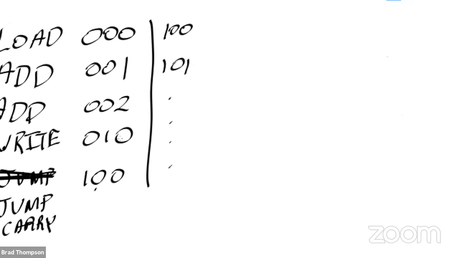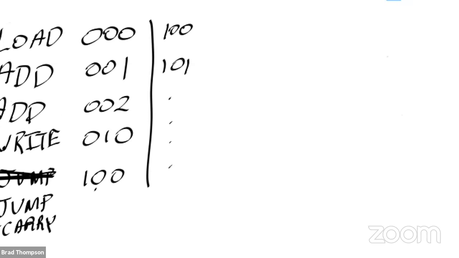But if we add these numbers up and they are bigger than our accumulator can hold, and the carry bit gets set, then, actually, I said that exactly backwards. We'll just fix that. Okay.